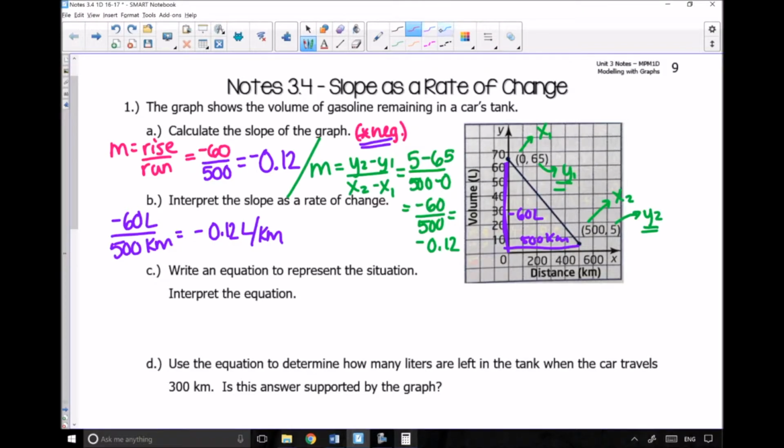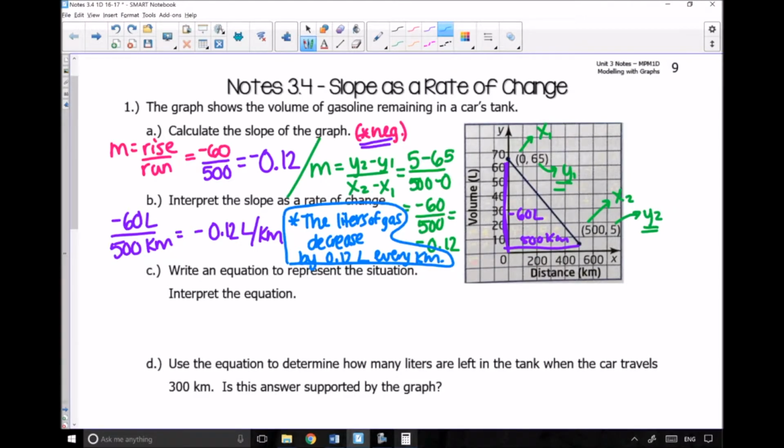What this means is, right here, I can say that the liters of gas decrease by 0.12 liters every kilometer. Okay, so that's my answer to part B right here.